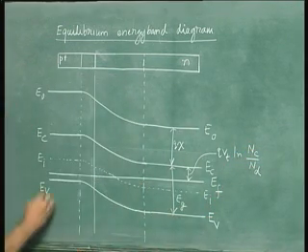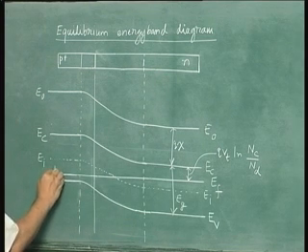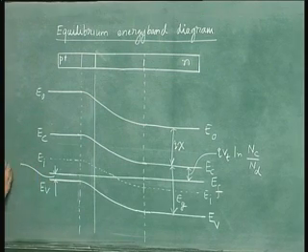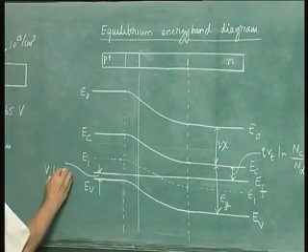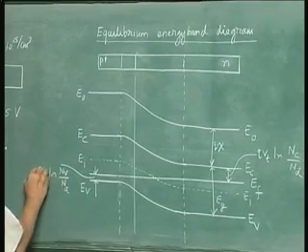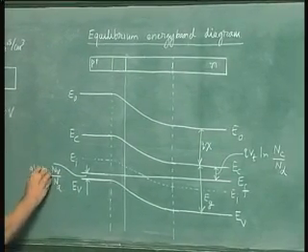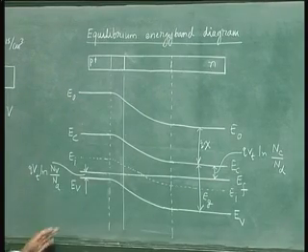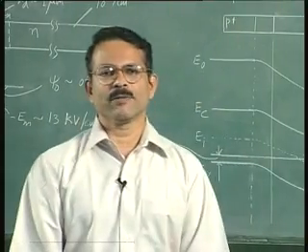On the other hand, this EF minus EV is nothing but Vt ln Nv by Na, with the multiplying factor of Q, because it is energy. So this is the energy band diagram of the PN junction under equilibrium.